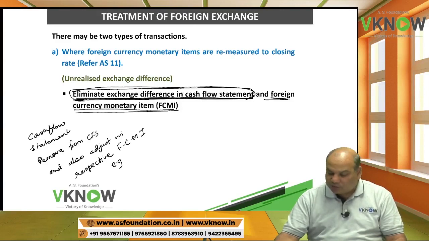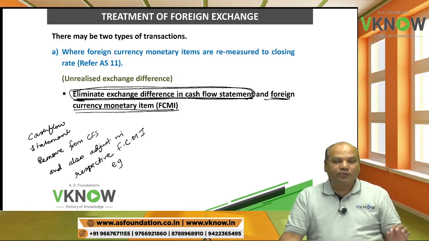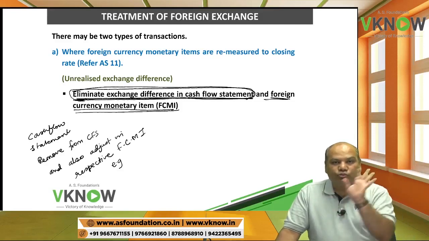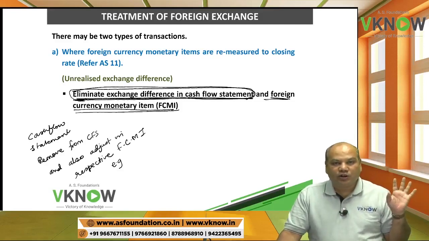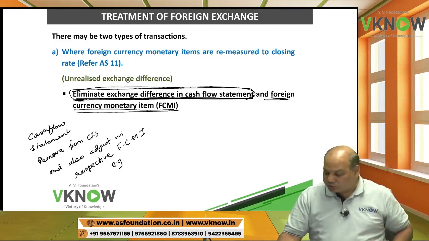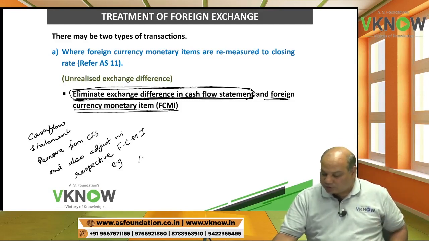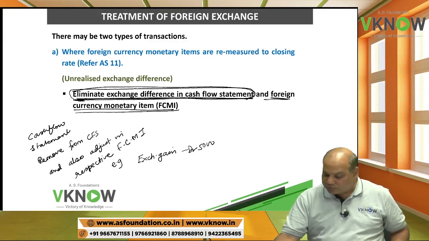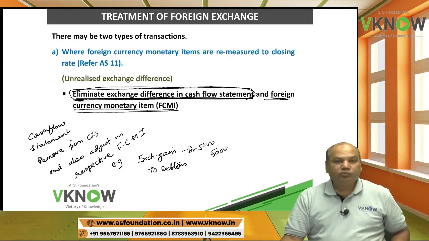For example, in the previous case, while preparing balance sheet, we will record the entry debtors to exchange gain, but while preparing cash flow statement, I will reverse it. Only for cash flow statement purpose, exchange gain account debit 5,000, just reverse it, and to debtors 5,000.